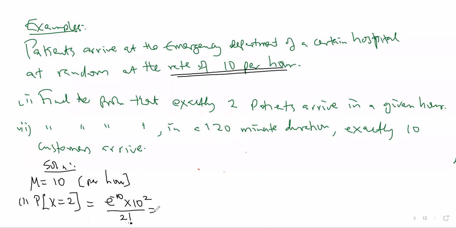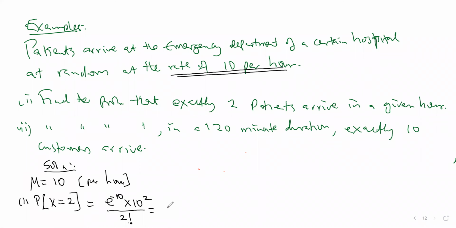So you press the exponent, then you raise to power minus 10, multiply that by 10 raised to power 2, divide everything by 2 factorial. You can press everything once.